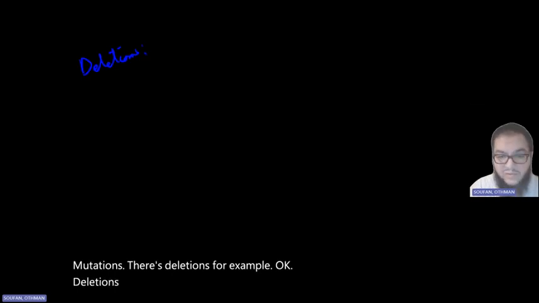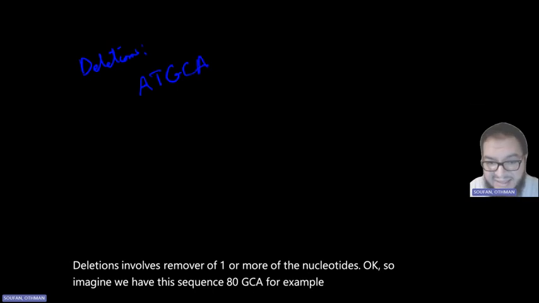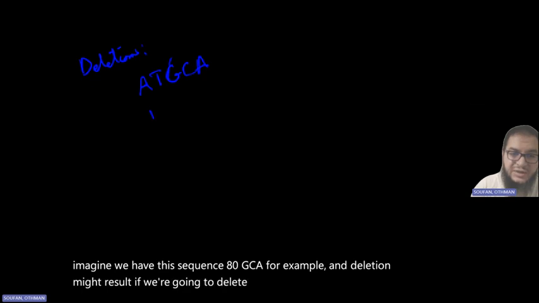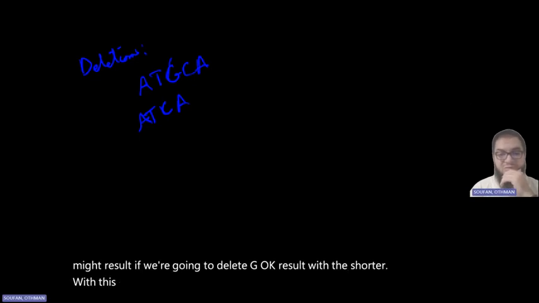Deletions involve removal of one or more of the nucleotides. So imagine we have this sequence ATGCA, for example, and a deletion, if we delete G, might result in a shorter sequence.